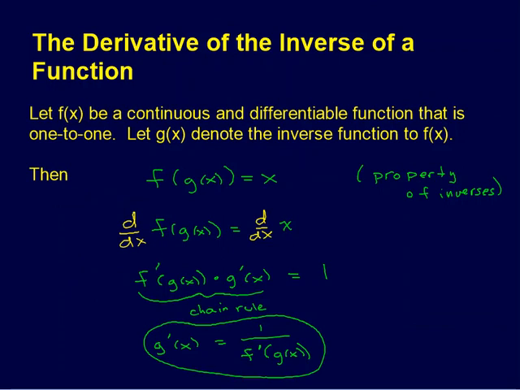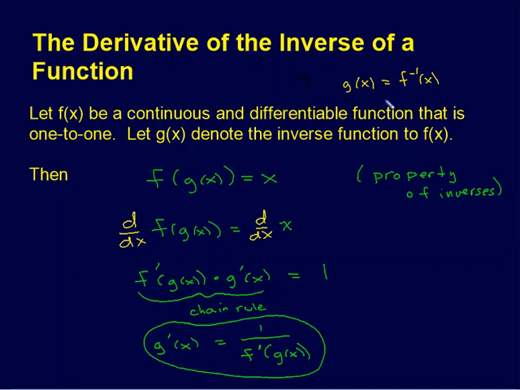On this slide, we're going to prove what the relationship is. I'm again going to use the function name f of x for our original function, and g of x will denote its inverse. Even though we're not going to use the symbol f inverse, we need to realize that g of x is just another name for f inverse of x.